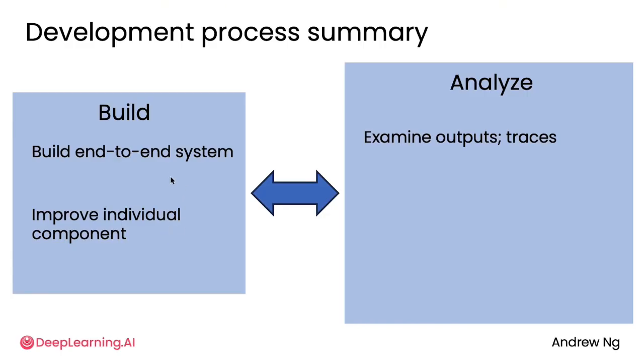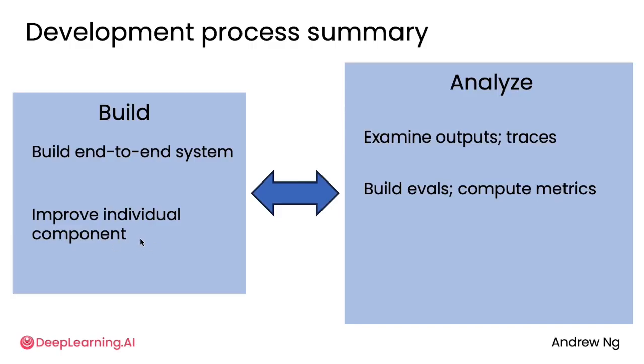As my system starts to mature a little bit more, then beyond just manually examining a few outputs and reading through traces, I might start to build evals and have a small data set, maybe just 10, 20 examples, to compute metrics, at least on end-to-end performance. And this then further helps me have a more refined perspective on how to improve the end-to-end system or how to improve individual components.